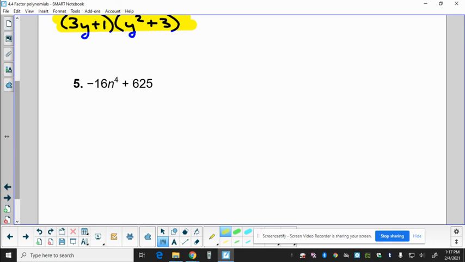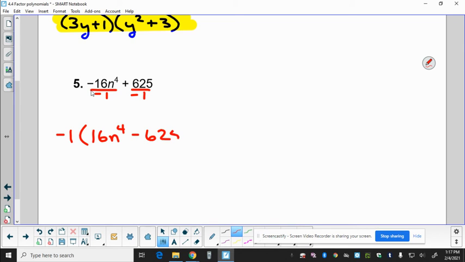Well, I'll tell you one thing that's bothersome: if you ever have a negative number in the lead position, I would factor out a -1. It's very difficult to factor with a lead factor that's negative.